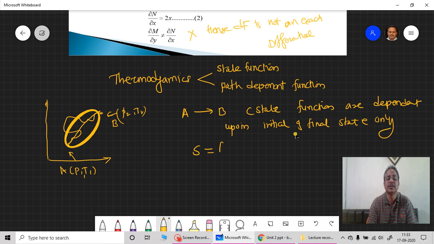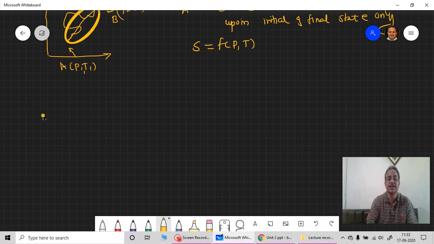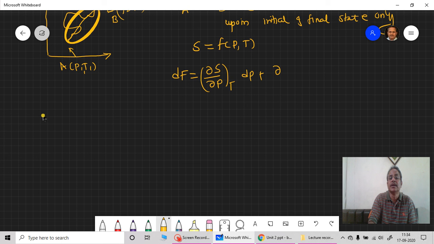So for example, entropy. Entropy is a function of pressure and temperature. Then if I get its differential, its partial differential will be: dS is equal to delta S upon delta P, keeping temperature constant, into dP, plus delta S upon delta T, keeping pressure constant, into dT.